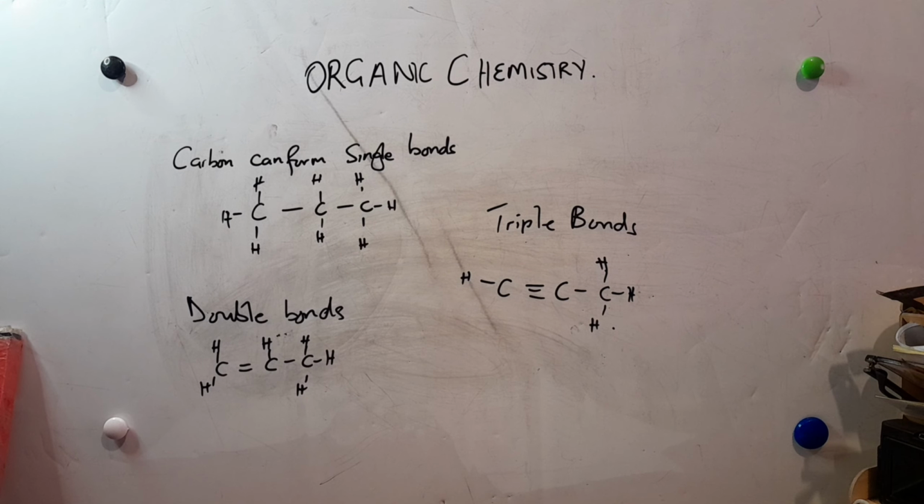We are going to learn the differences in this kind of stuff as we proceed in organic chemistry, right? But this is just to show the uniqueness of carbon. So carbon can make single bonds between their atoms, or double bonds, or triple bonds, just like that, right?